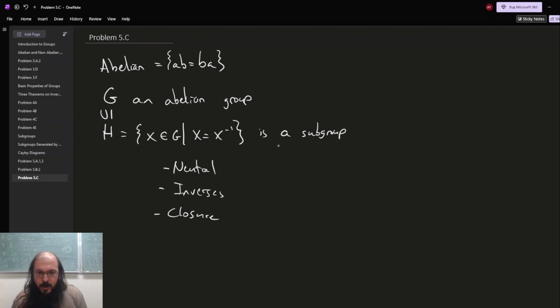For the neutral element, we have to ask ourselves, is the identity element in H? Well, in other words, is E equal to E inverse? I'm not sure that we've actually had cause to discuss this issue yet, but this is of course true.